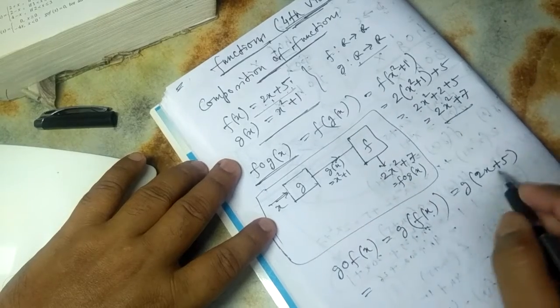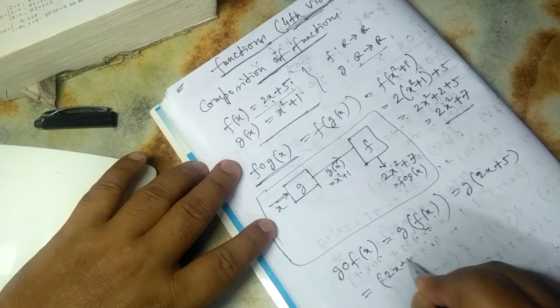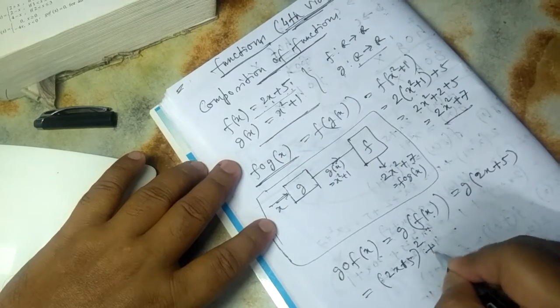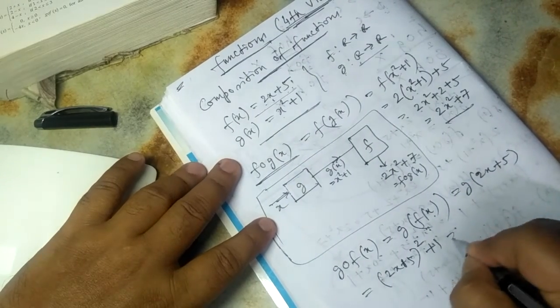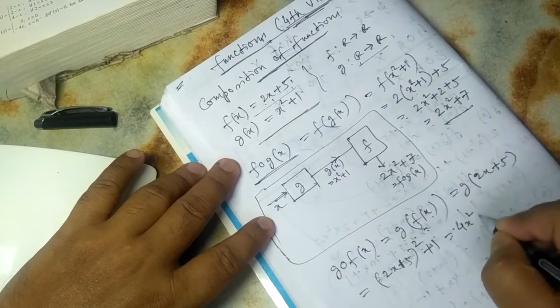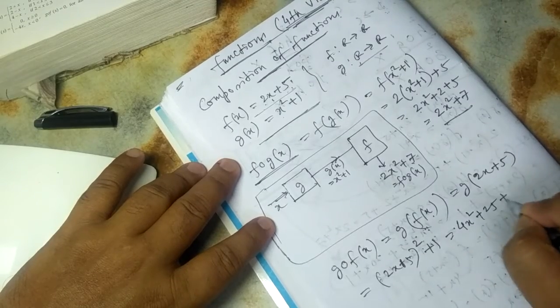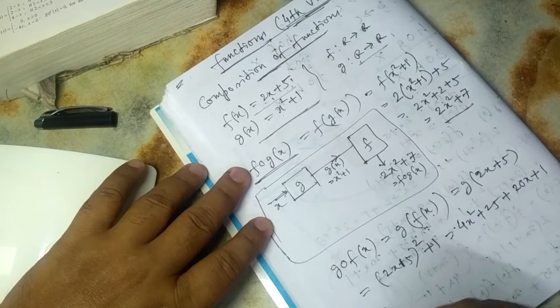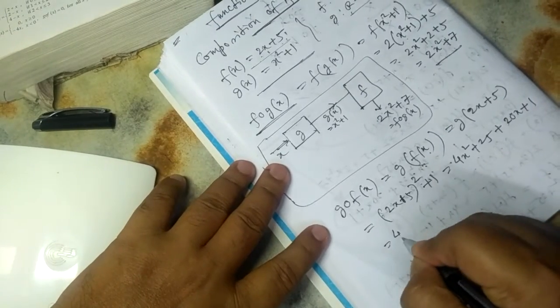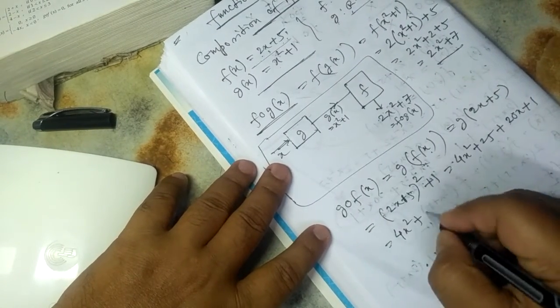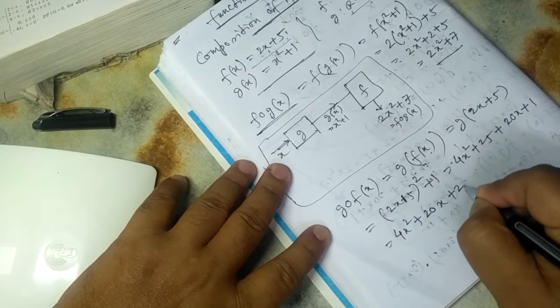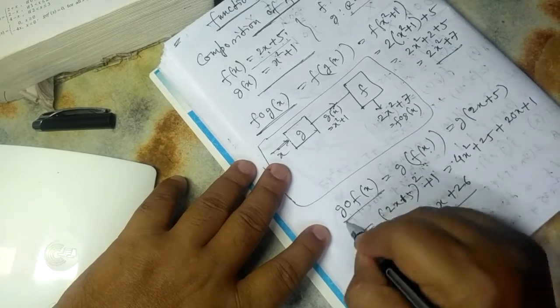That is, g of this is (2x plus 5) whole square plus 1. So it is going to be 4x square plus 25 plus 20x plus 1, so it is 4x square plus 20x plus 26. This is g o f (x).